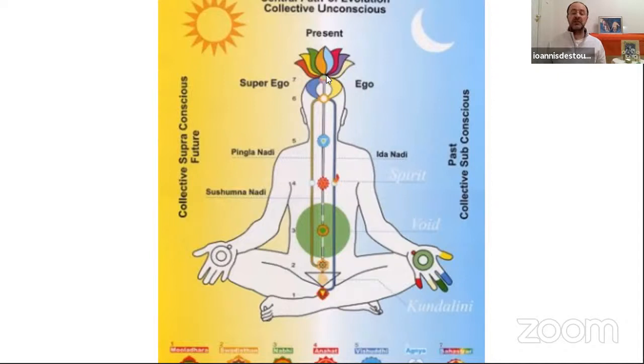So we can say that Kundalini, when she is ascending, knows exactly what's wrong with us, and she goes to all the centers that need to be nourished and balanced, trying to bring everything back to balance again.